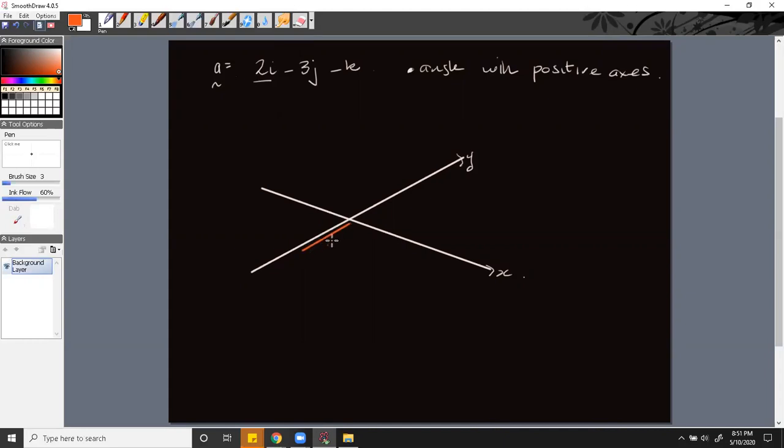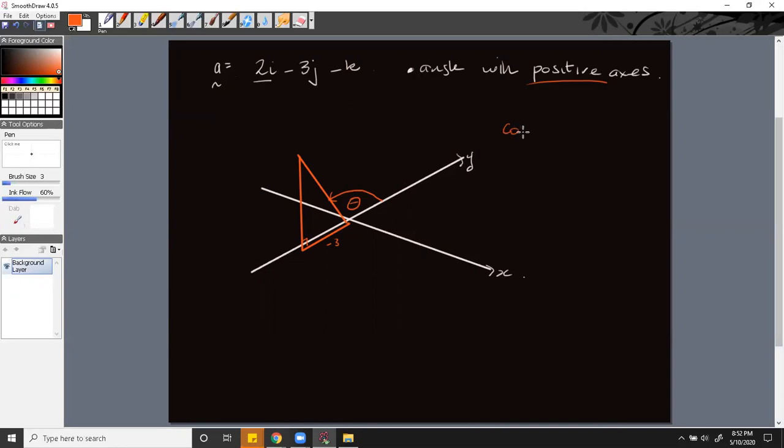This is minus 3. Again, I want you to imagine this is coming up at right angles from the axis, and it's making an angle with the axis there. But in this particular case, we want the angle that it's making with the positive axis. So that is this angle here. This is the angle that we want.